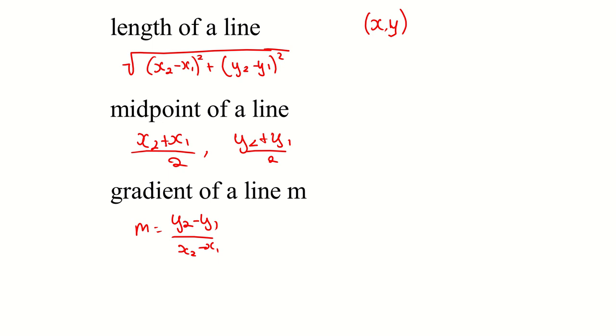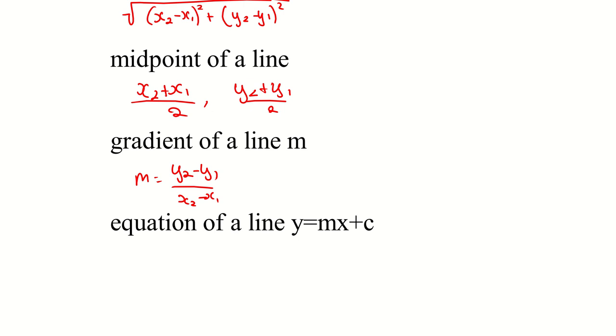And then for equation of a line, the equation of a straight line is always in the form y equals mx plus c, right? What you need to remember is m is the gradient of the line, and c is your y-intercept.